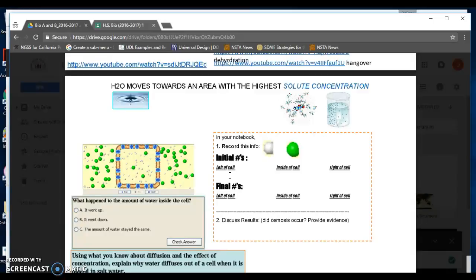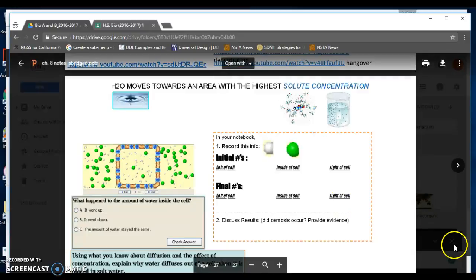Again, if you didn't collect the data as you needed to while the video was playing, rewind the video and get those numbers. Look at the amount on the left, middle, and right before I hit play, and then find out where I paused it after a minute and get those numbers. How many ending or final amount numbers were there for the water molecules left, inside the cell, and right of the cell?